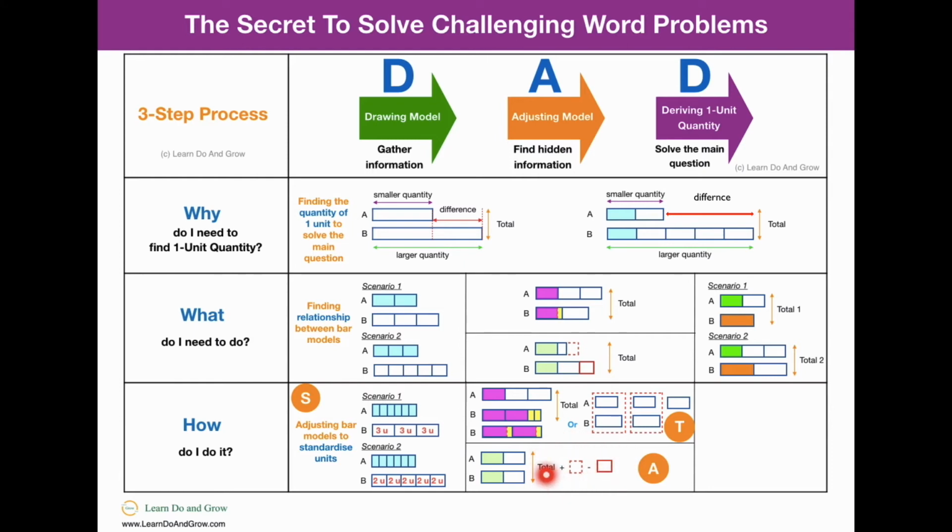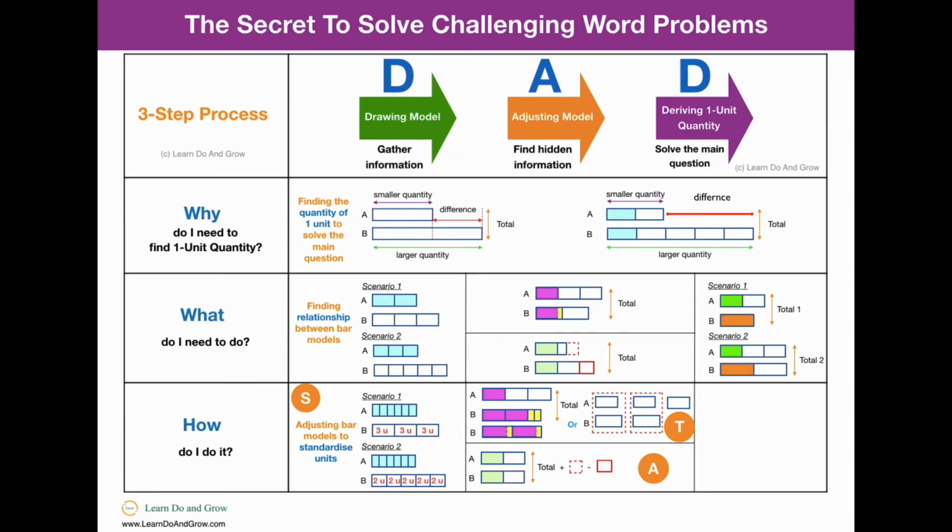Then you look, it becomes a normal part-whole model or comparison model. Again, you have the number of units, you might have the quantity, then you have the total quantity. From there, you have 4 things, right? Smaller, difference, larger, total. Definitely, they will give you enough information to find the unknown.